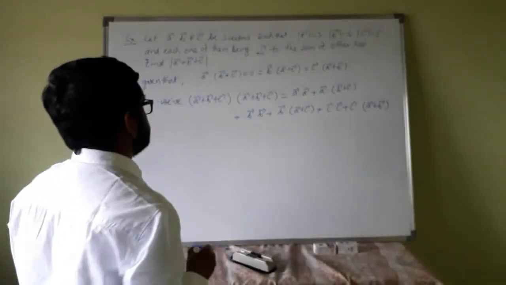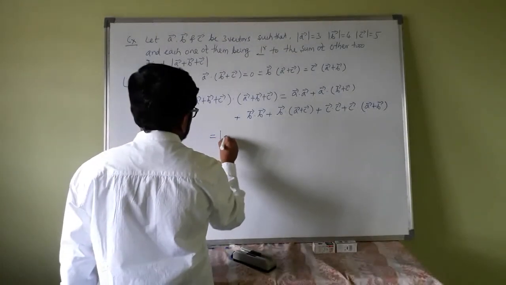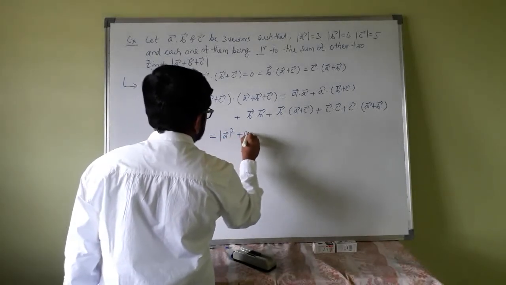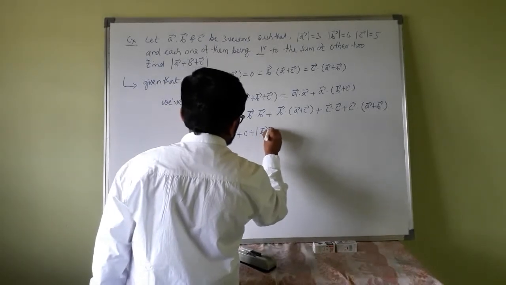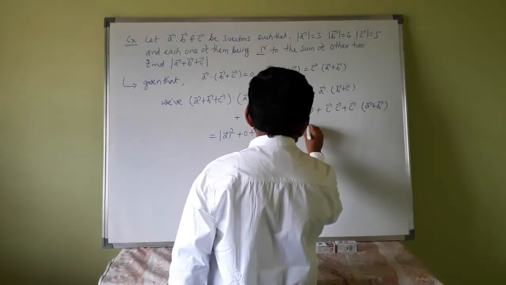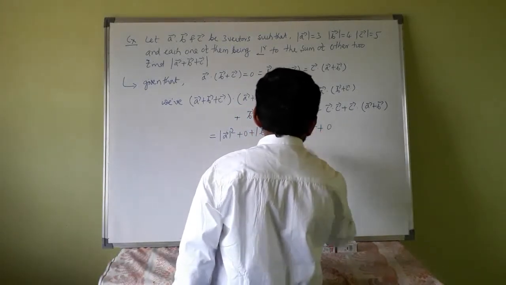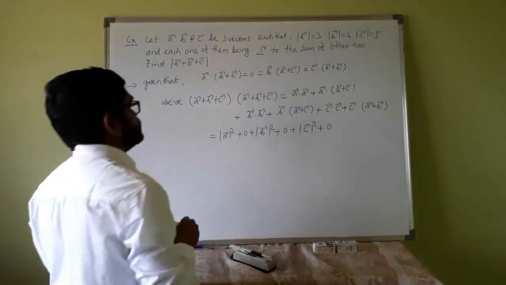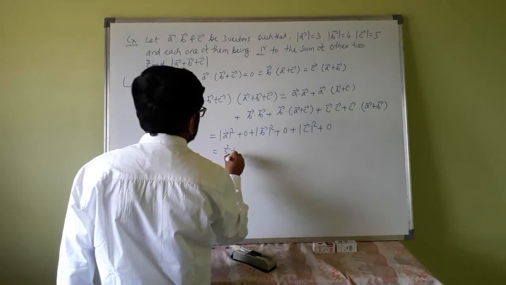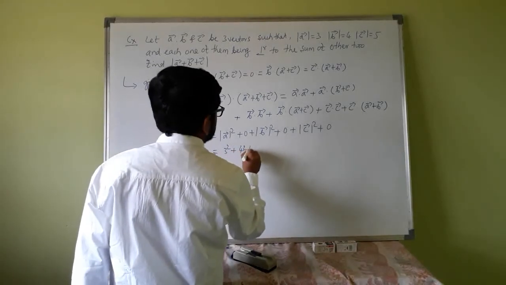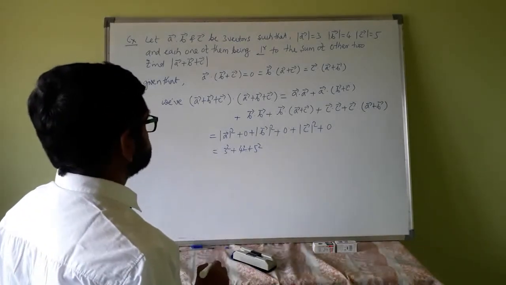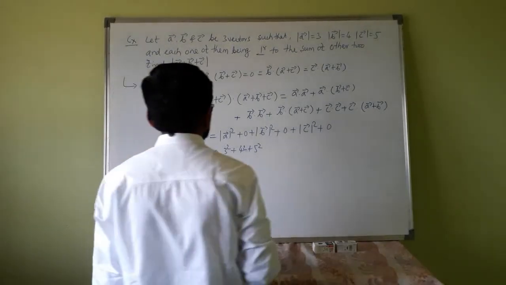A dot A is magnitude of A square plus 0 plus magnitude of B square plus 0 plus magnitude of C square plus 0. A square plus B square plus C square, that is 3 squared plus 4 squared plus 5 squared, that is 9 plus 16, 25, plus 25, 50.